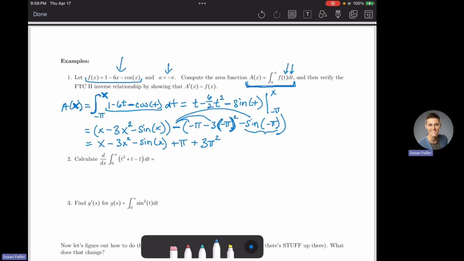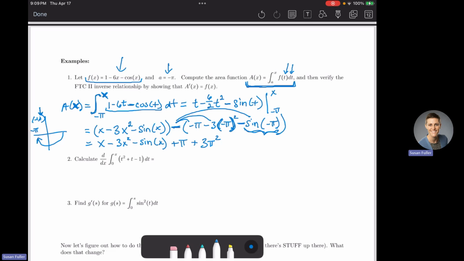And then the sine of negative pi, my ordered pair there is negative 1, 0. So the sine of pi or negative pi is the y value. It's 0. Negative 0 is still 0. If we distribute that negative, still 0. So I'm not going to bother writing that. It's just 0.